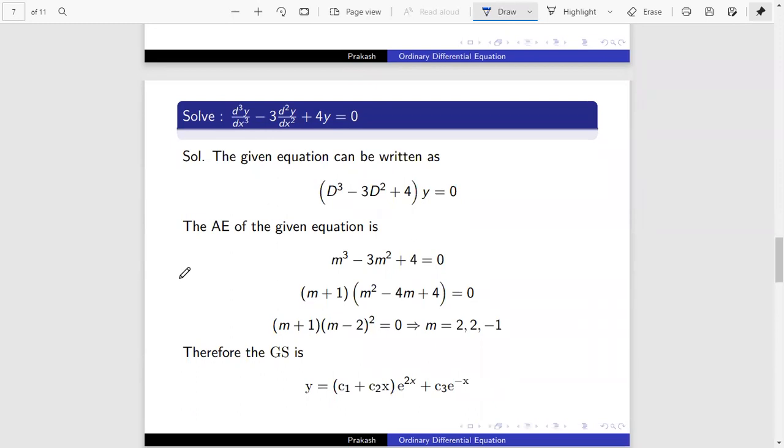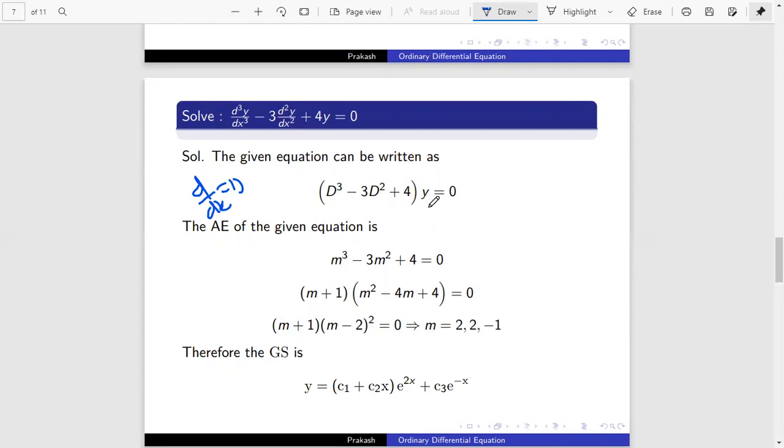We can write the differential equation d cube y by dx cube as D cube, because we know d by dx is nothing but capital D. If we replace this, we get D cube minus 3D square plus 4.